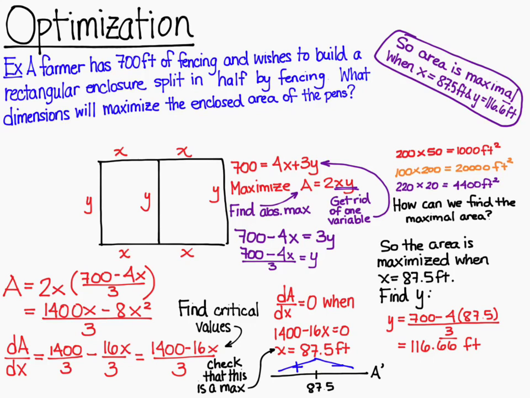The other equation is only used to get rid of variables. Once we've gotten our optimized function down to one variable, we then take the derivative to find relative maximums and minimums. We use the number line to test for what a max or a min is, and then solve for the other variable.